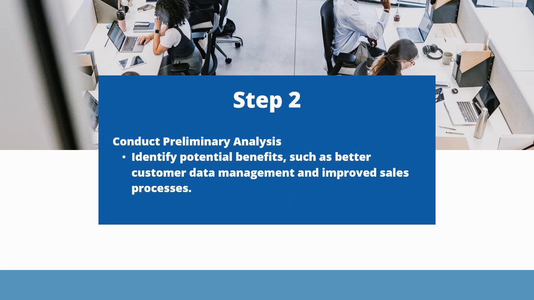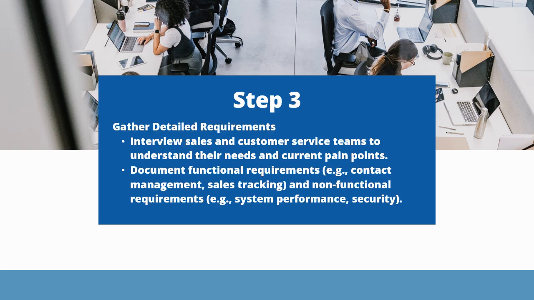Step 2, conduct preliminary analysis: identify potential benefits such as better customer data management and improved sales process. Third step, gather detailed requirements: interview sales and customer service teams to understand their needs and customer pain points. Document functional requirements, for example contact management, sales tracking, and non-functional requirements.